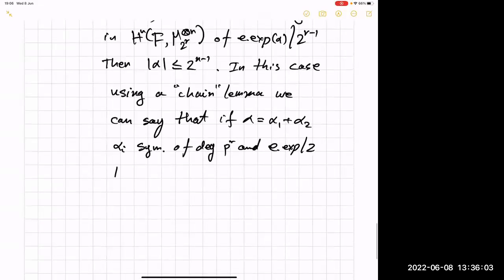Then the symbol length of alpha is at most 2^(n-1) times 2^(r-1)... 2^(n-1), sorry. So you have to add 2 times n minus 1 and multiply it by the previous bound.